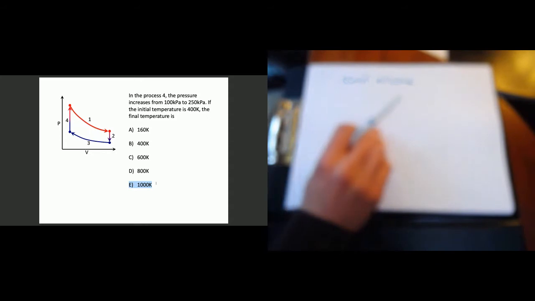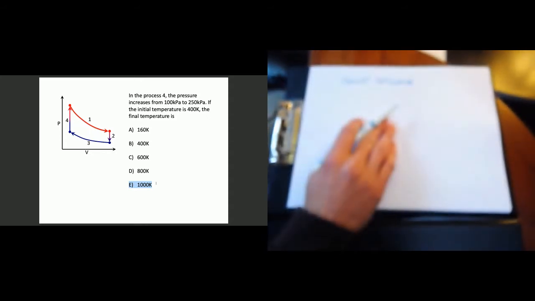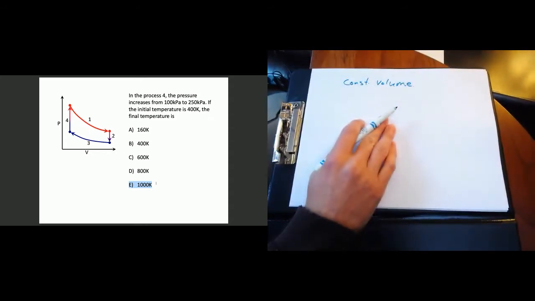Okay. But let me talk about a slightly more formal way to do this that works not just for constant volume processes, but for many processes, constant pressure, constant temperature, where we need to find some piece of information at the end of a process if we know information at the start of the process.